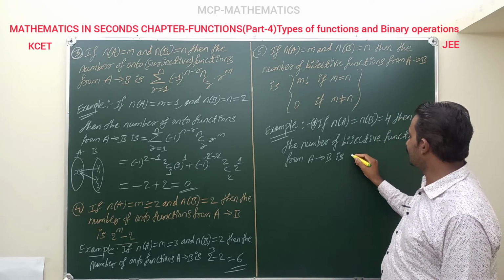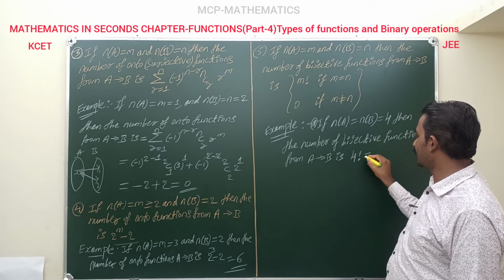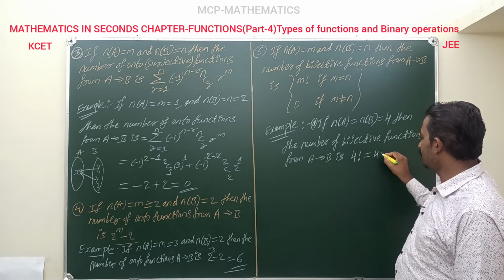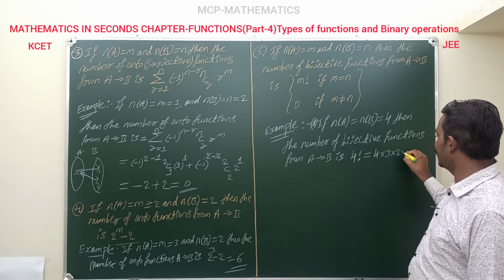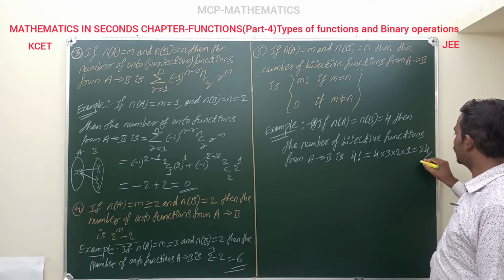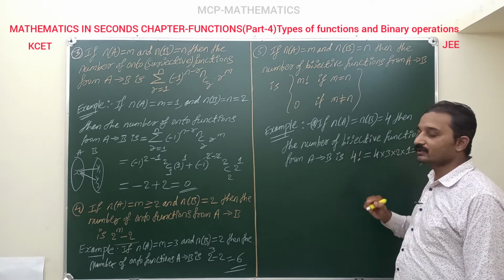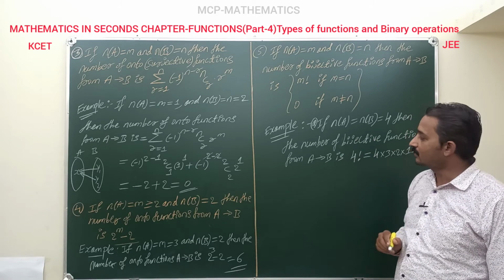So m factorial is nothing but 4 factorial in this case. 4 factorial is 4 into 3 into 2 into 1, which is equal to 24. So 24 bijective functions are there in this case if n(A) and n(B) both contain 4 elements.